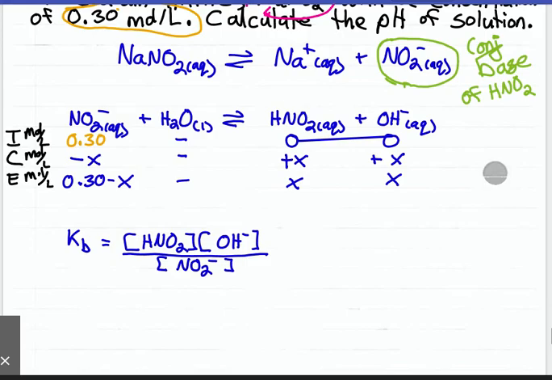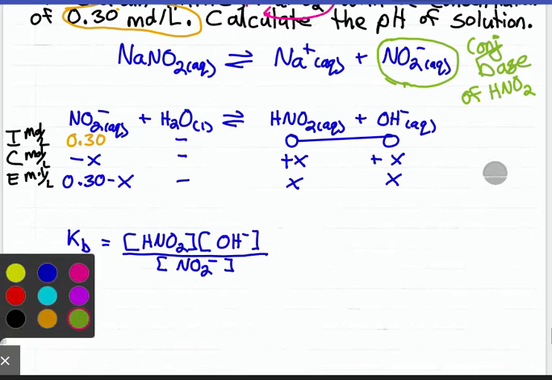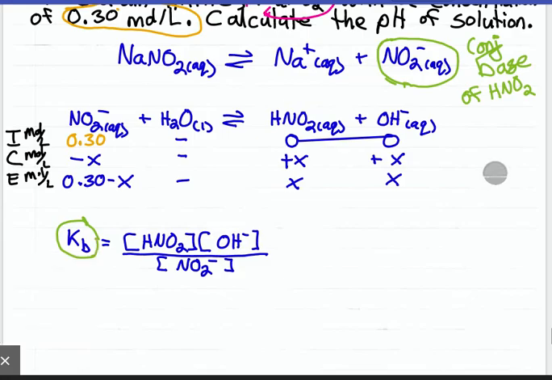I'm using Kb because I'm dealing with a conjugate base. So you have to determine Kb.